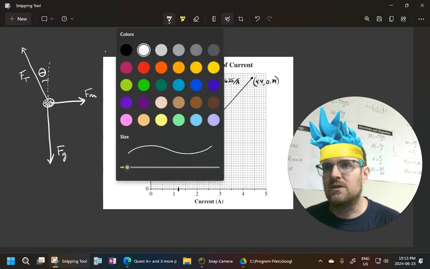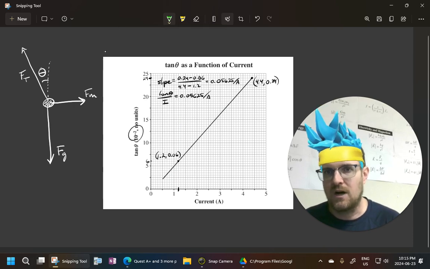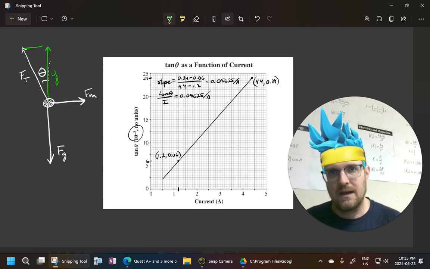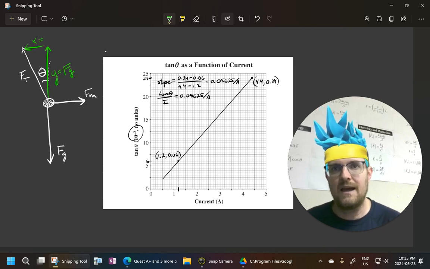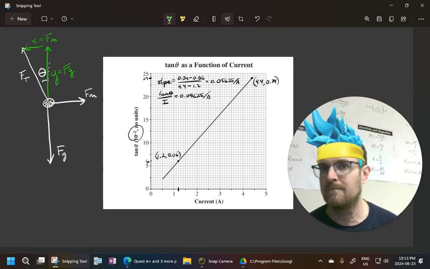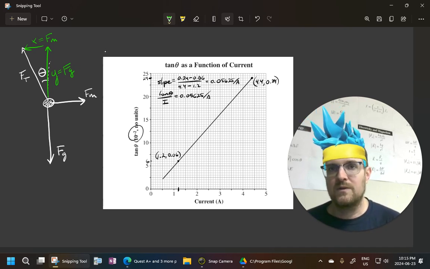So what I need to do is draw a free body diagram here that relates this y component and this x component. Because remember, this y component is the same thing as my force of gravity, and this x component is the same thing as my magnetic force, because everything has to add up to 0. All right? And they're related through tan.